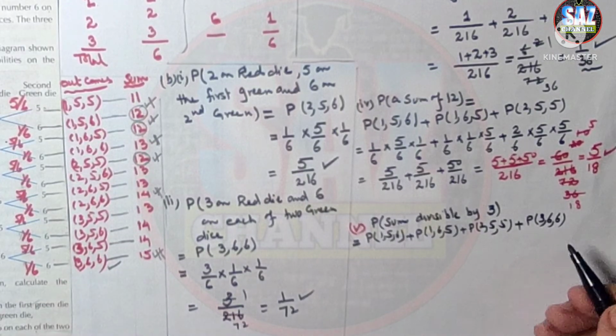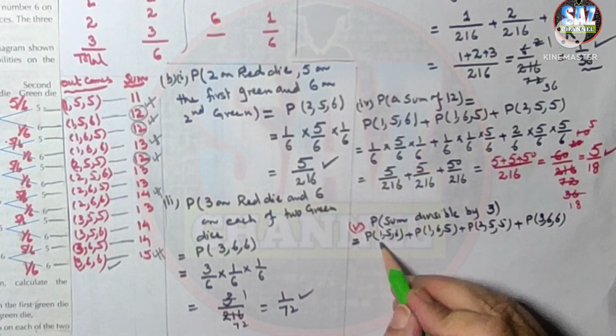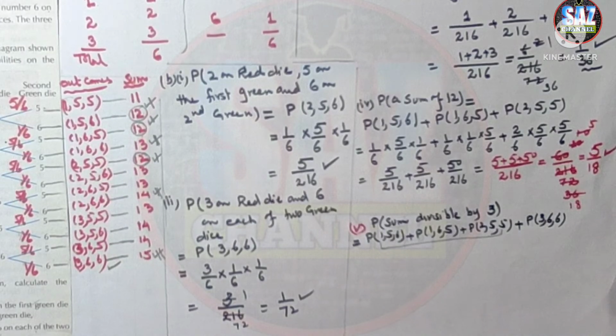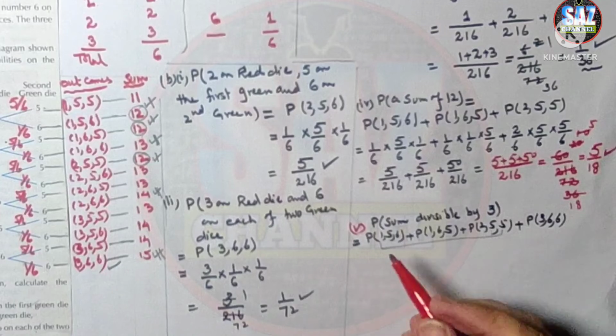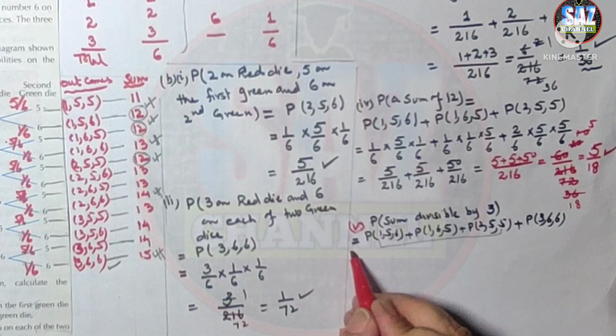Now, if you look at this part, we already have the answer of this, and we have to find the answer of the probability of 366. Let me find out the probability of 366 first.